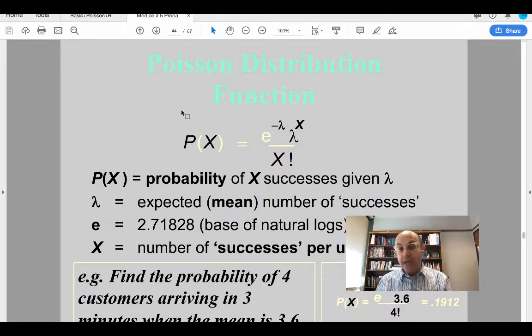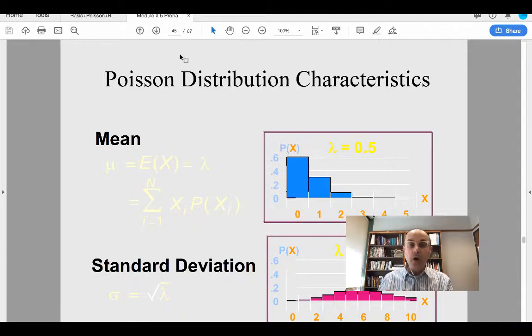We have all the values that we need to calculate, and the result is 0.19112.